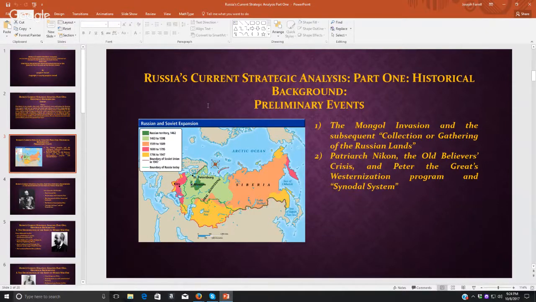But it's Ivan III that begins what is called the collection or gathering of the Russian lands. And again, this is a strategic calculation to a certain extent, because what you see happening, this dark green area, is the Grand Principality of Muscovy.